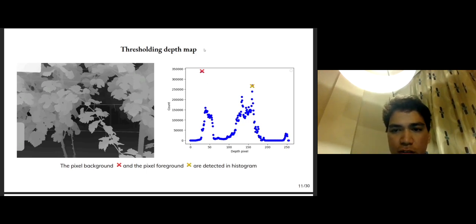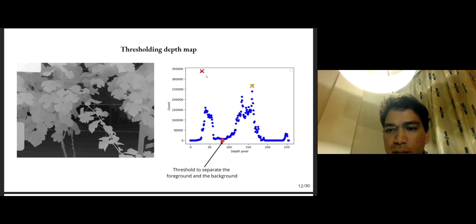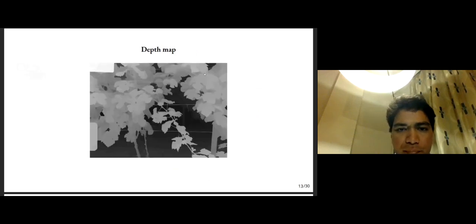So we detect the two rows, study the maxima in the histogram, and between the two elements we can detect the threshold to separate the foreground and the background. It is the minimum value between the two elements here.